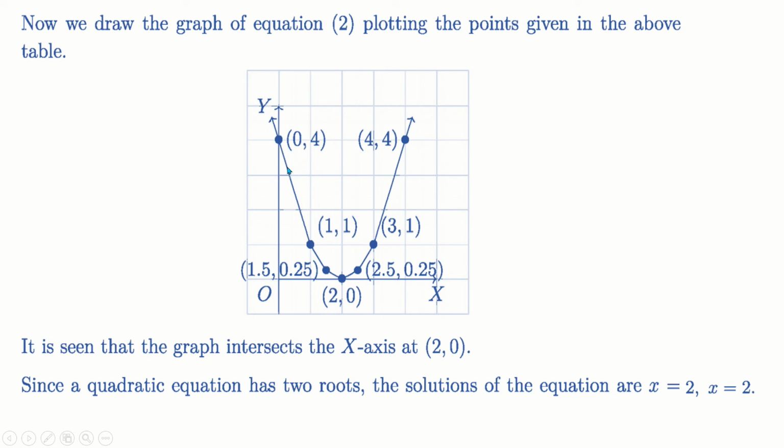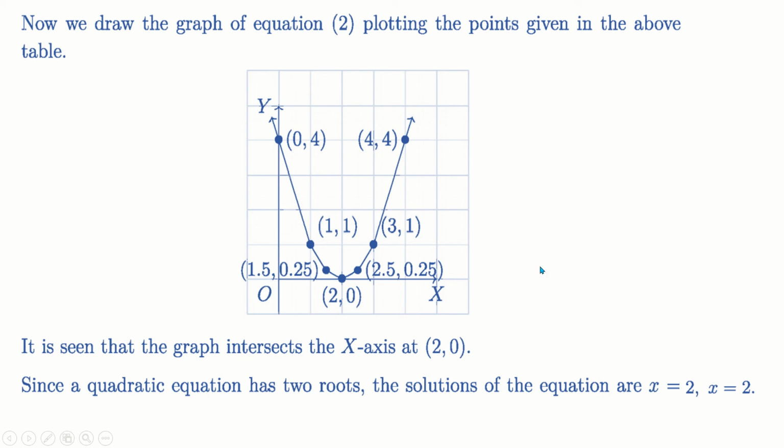Now by joining the points we get the graph of this equation. The graph intersects the x-axis at only this point, (2, 0). But the equation is quadratic, so x has two values. One is 2, and the other is also 2. Therefore the required solution is 2, 2.